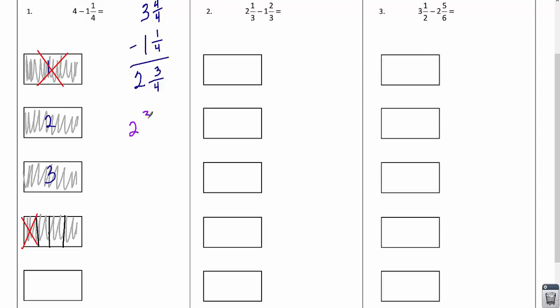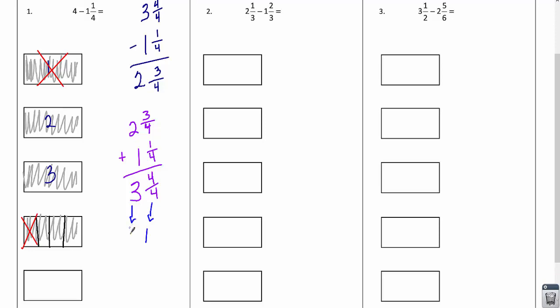So we're going to take the 2 and 3 fourths that we ended up with and add back the 1 and 1/4 we took away. 3 fourths plus 1/4 is 4 fourths. 2 plus 1 is 3. This is the same as 1 whole.